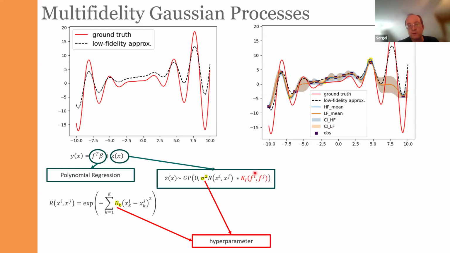It simply uses one kernel that connects the low fidelity and high fidelity space. As I mentioned in the beginning, multi-fidelity can refer both to the type of Gaussian process, and it can also refer to the type of problem. So multi-fidelity GP uses a single kernel that connects the low and high fidelity spaces.